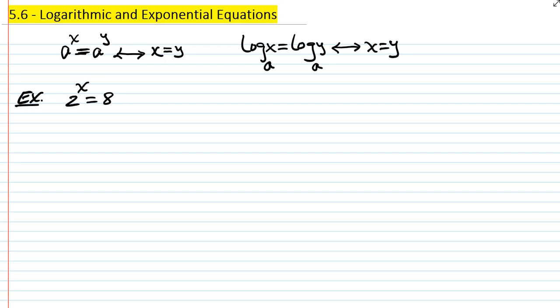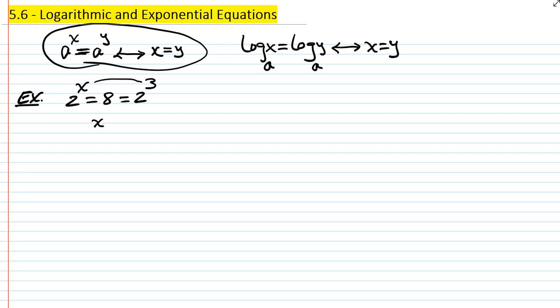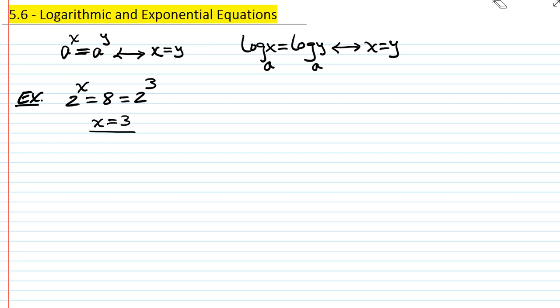This is the kind where you can rewrite the number on the right side with a common base, as 2 cubed, a common base with the exponential on the left. When that happens, that's precisely what the property above is. Bases are the same, the exponents must be the same, therefore we are done with this one. We were able to solve it.